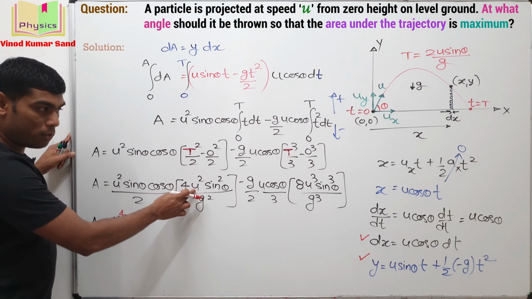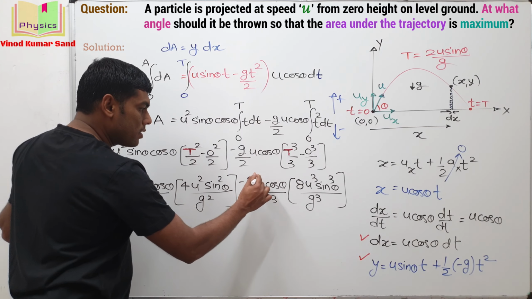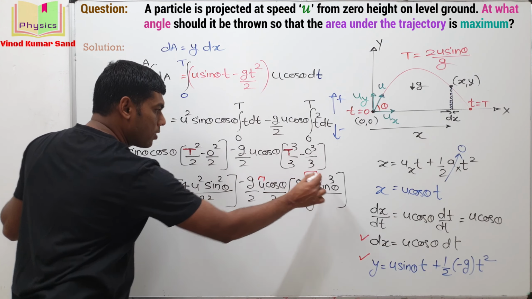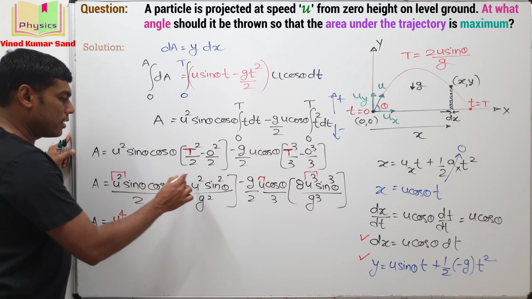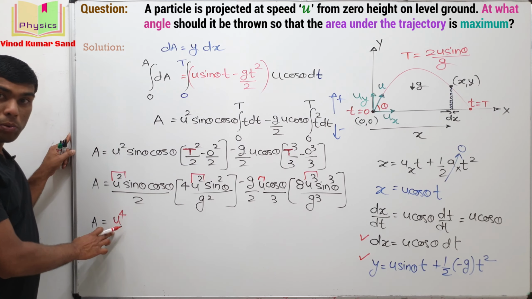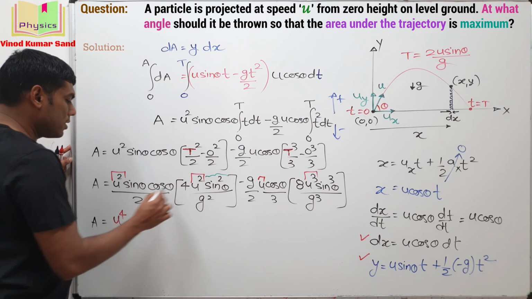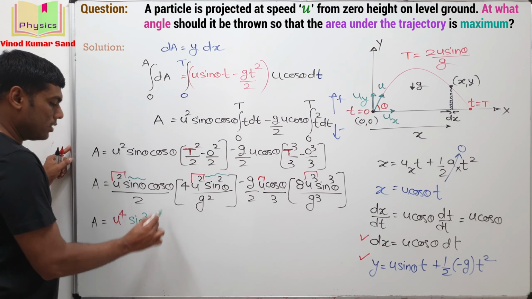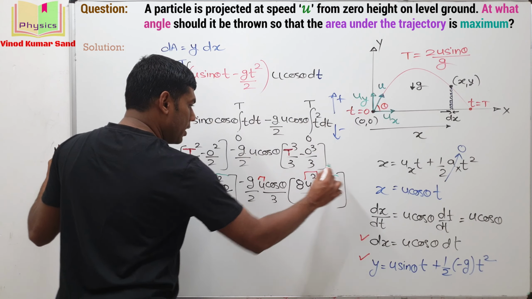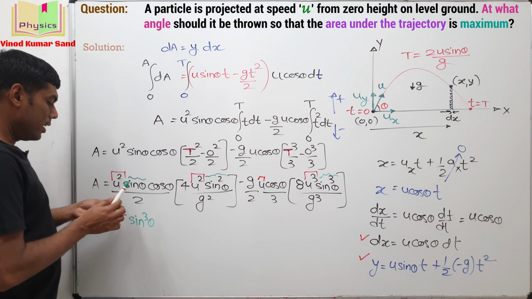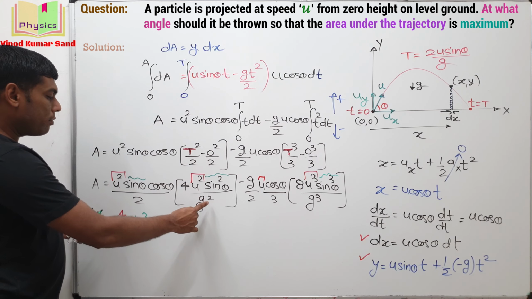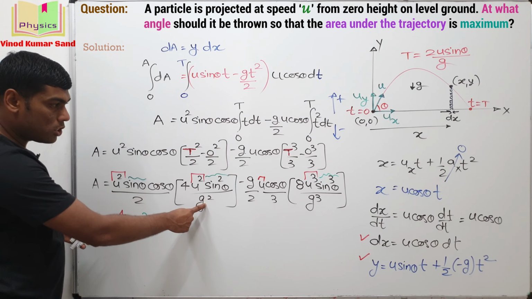U to power 4 is available here, as well as this u to power 4 lies here also. Look at this part. I am taking that u to power 4. Then I'll be taking up the sine cube theta. Sine cube theta from here and here is common. Got it?